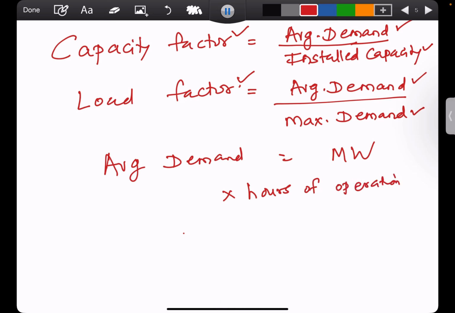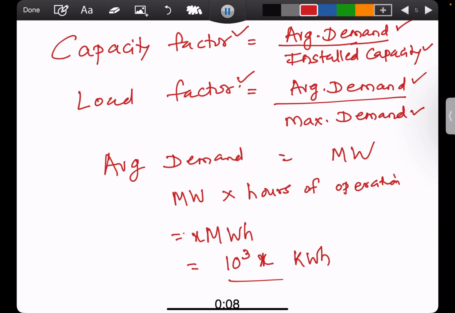Let us say megawatts into hours, it would be MWh. If you want it in kilowatt hours, then we multiply by 10 raised to 3, so suppose this is x times 10^3 kWh.